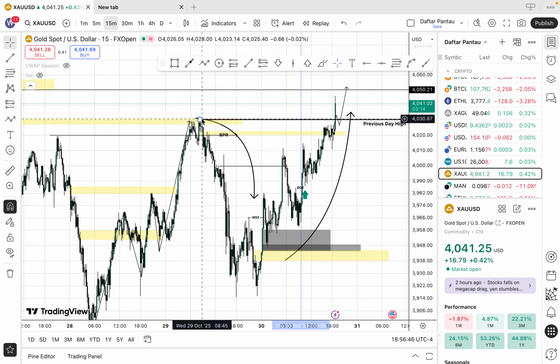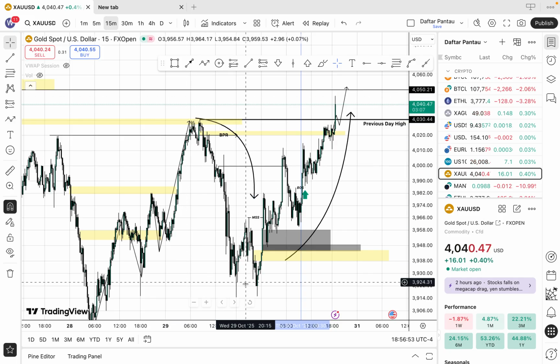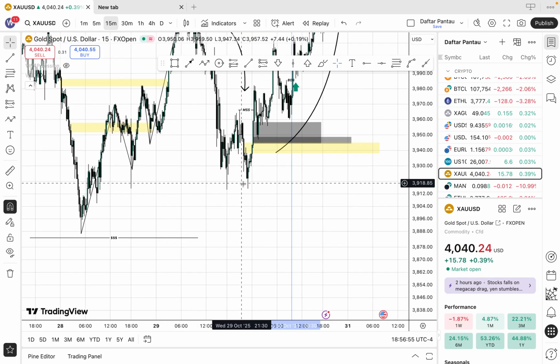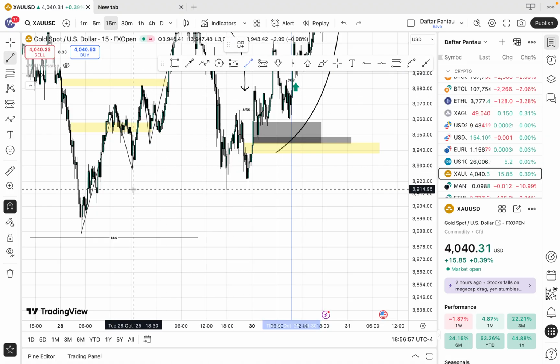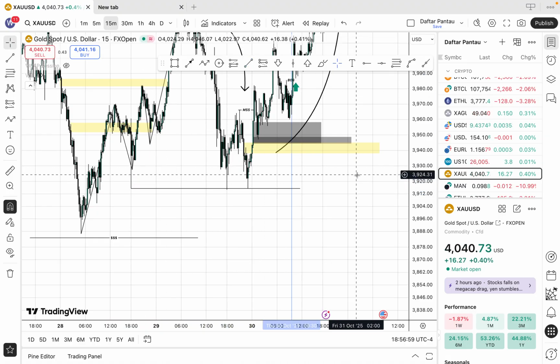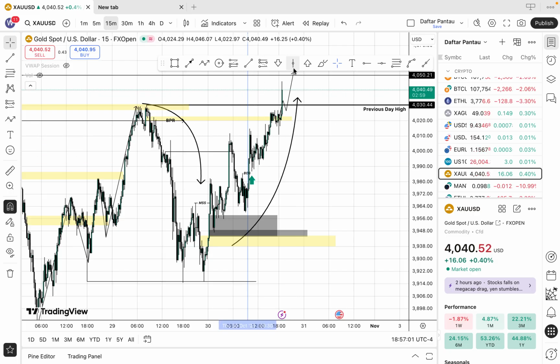So for external liquidity, okay, there is sell side liquidity and buy side liquidity. This sell side liquidity forms in the external range, not the internal range, right? This is the internal range, and this is the external range.